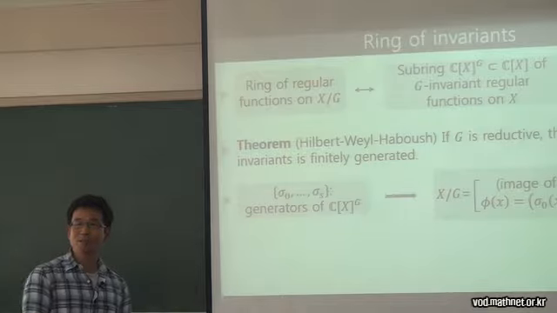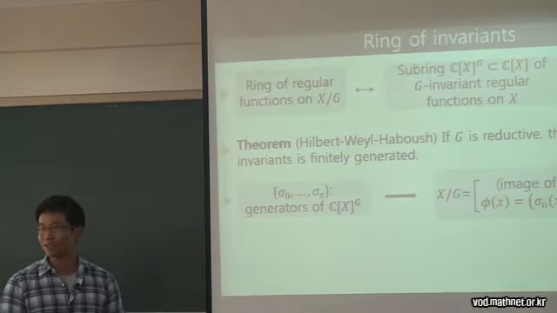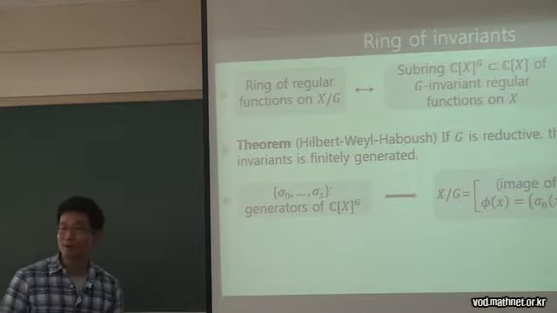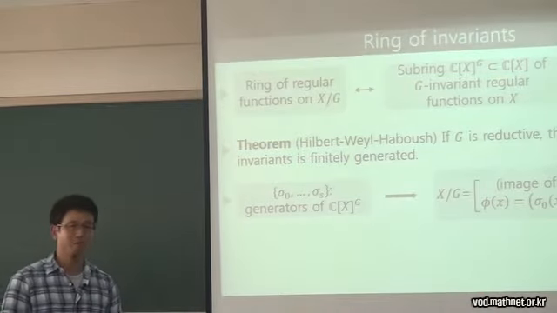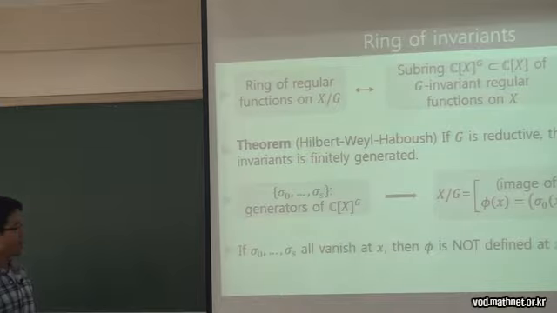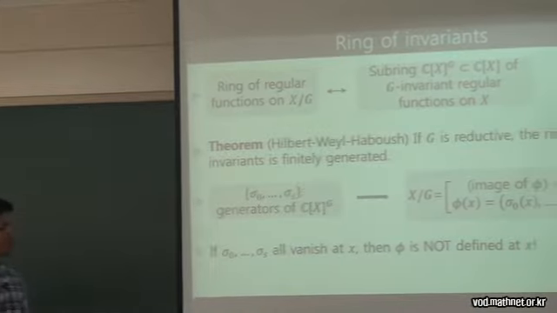But what's important is that if these invariant functions all vanish at some point x, then these coordinates are all 0, and it's not a point of the projective space. So the map phi is not going to be defined at x. So that's the problem.